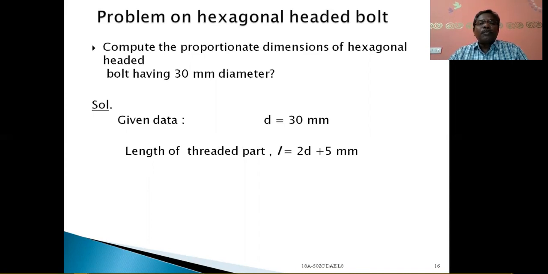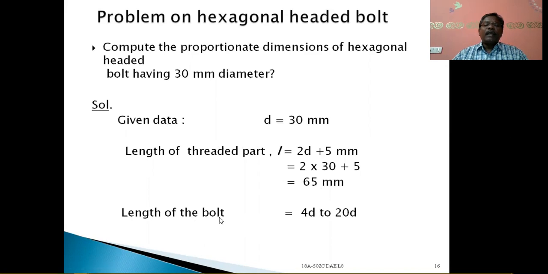Now our nominal diameter in this hexagonal bolt problem is only 30, which is less than 80. That's why we are taking L equal to 2d plus 5. So with this, you can calculate the length of the threaded portion. That will become 2 into 30 plus 5, which is 65. This will be the threaded part length.